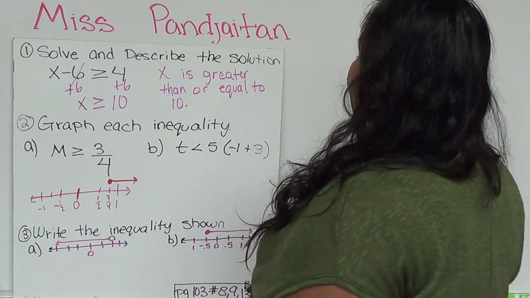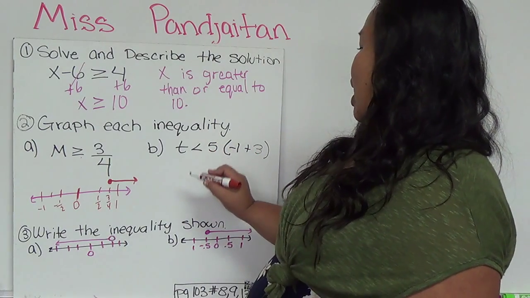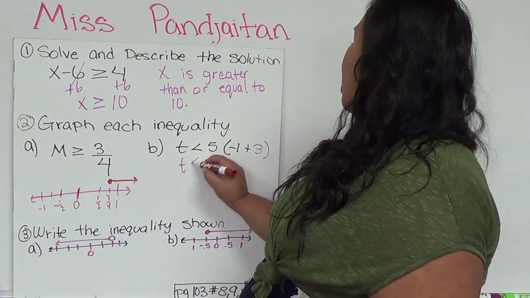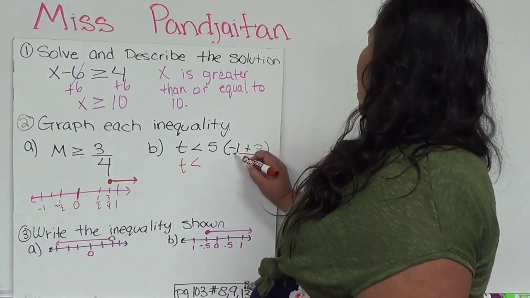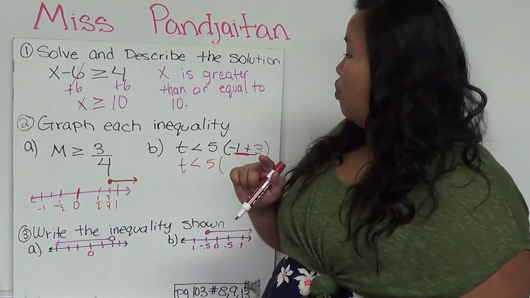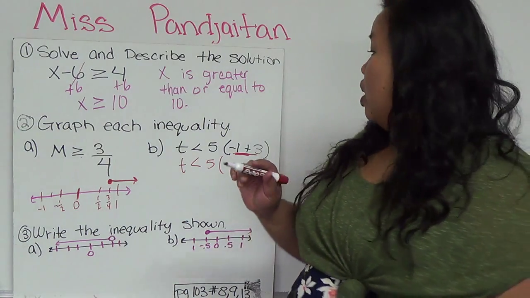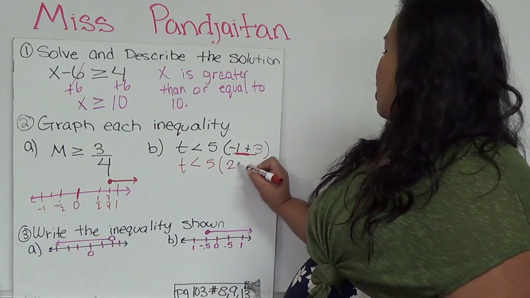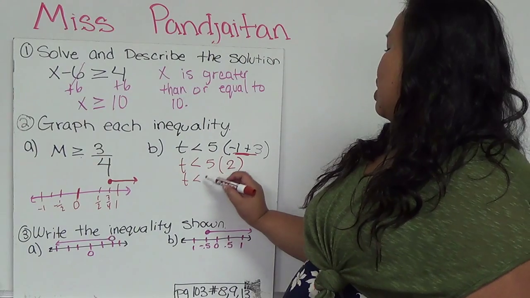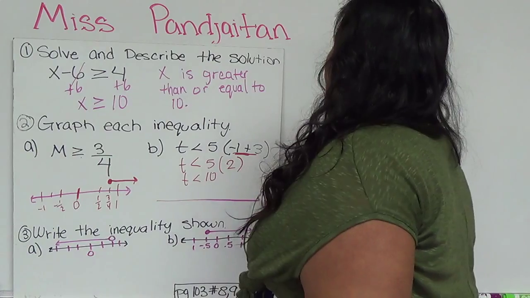Okay? The next one, I have to solve too because I can't graph it until everything is isolated. So we have t is less than -1 plus 3. Okay, order of operations, parentheses is before we multiply. So -1 plus 3, if we remember the number line, will give me +2. Okay, so we have t is less than 5 times 2, which is 10. So now we can graph this.